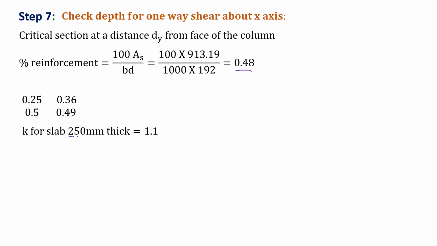Now we have this table for K for slab, and for that we have to consider the value of K. Just let me check that table. So we have that value of K over there.